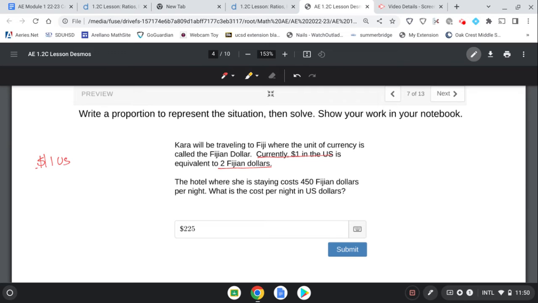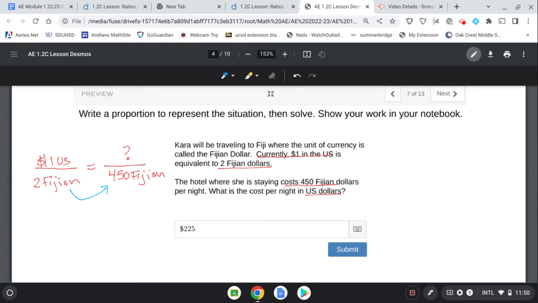So $1 is equivalent to 2 Fijian dollars equals, then on the right side, the hotel where Kara is staying costs 450 Fijian dollars. What is the cost in US dollars? So Fijian dollars goes in the denominator. And we want to know how many US dollars that would be.